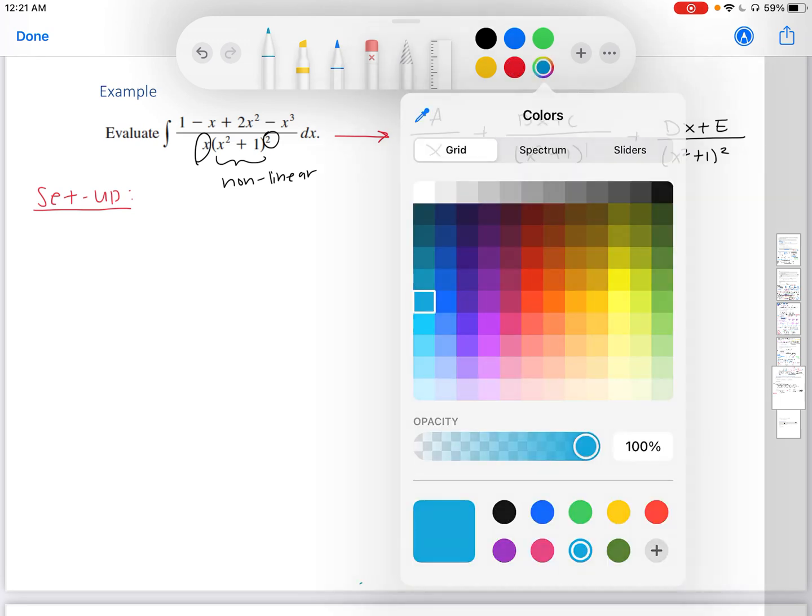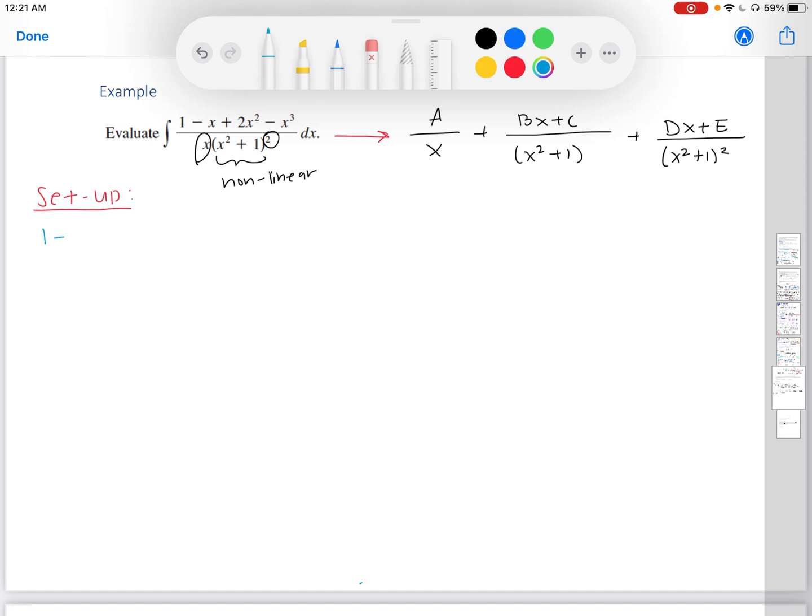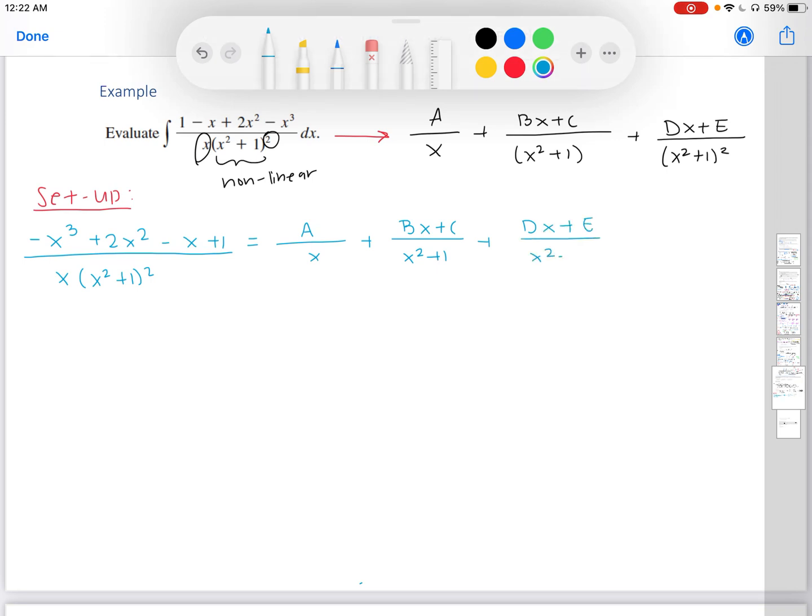So that we have, let me write it in standard form, negative x cubed plus 2x squared minus x plus 1, all over x times x squared plus 1 squared, equals A over x plus Bx plus C over x squared plus 1 plus Dx plus E over x squared plus 1 squared.